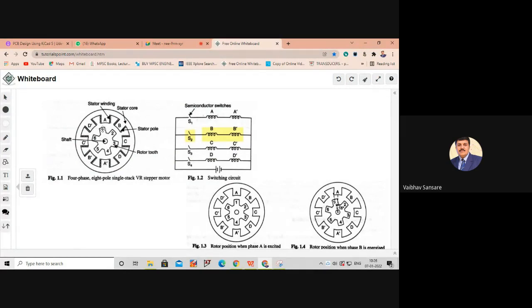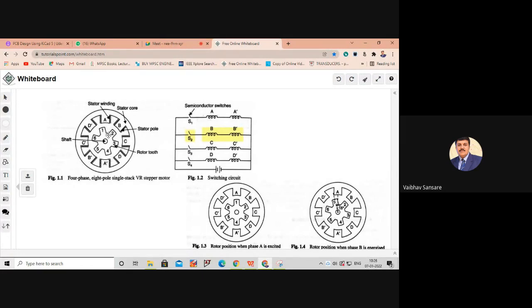That means rotor teeth 1 and 4 align with A dash because it attains the minimum reluctance path by traveling with a minimum displacement. That minimum reluctance path is when 1 and 4 align with A and A dash.